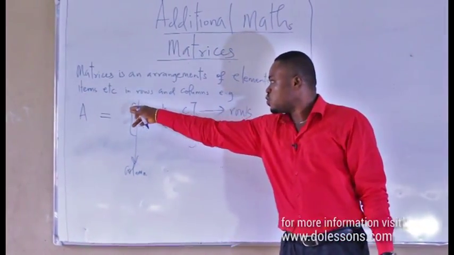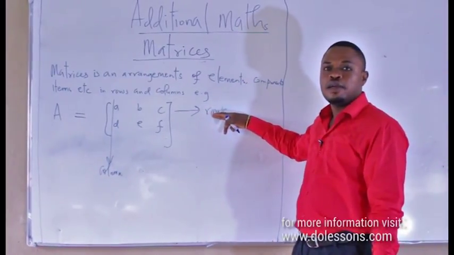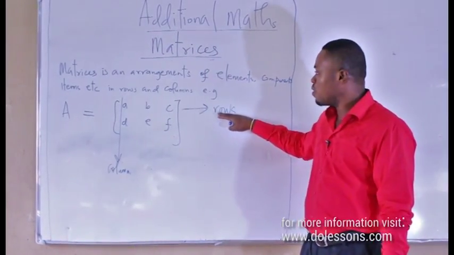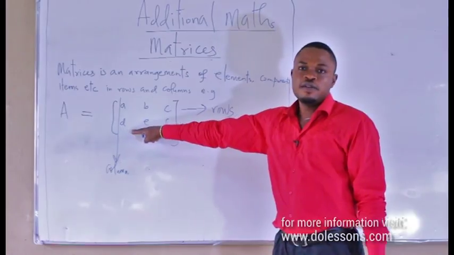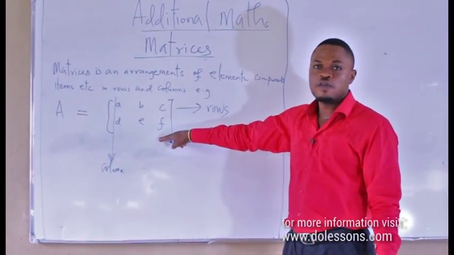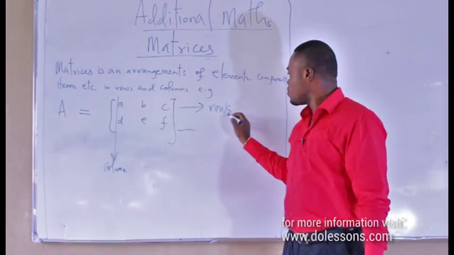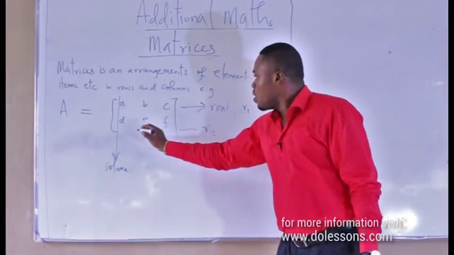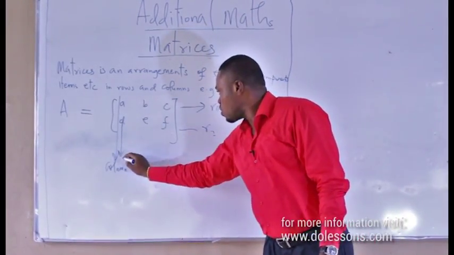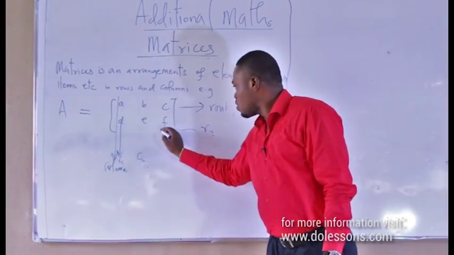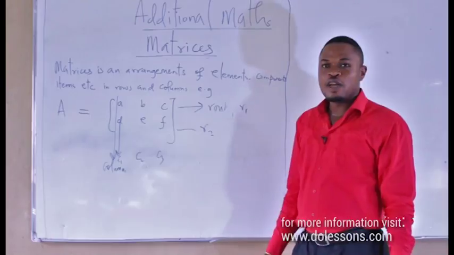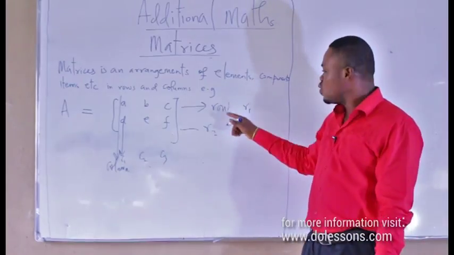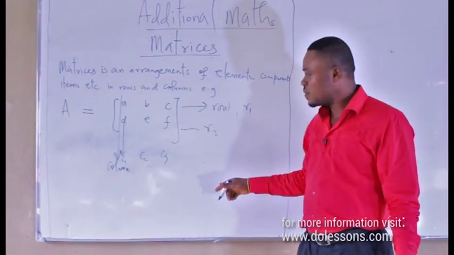Therefore, elements which constitute the first horizontal line will be said to be elements of the matrix in row 1, and those in the second horizontal line will be elements of row 2. Whereas here, we'll call this column 1, column 2, column 3. Therefore, we can say that the dimension of this matrix is 2 by 3. That means 2 rows by 3 columns.